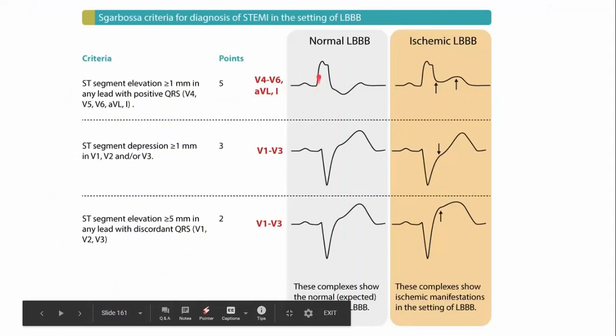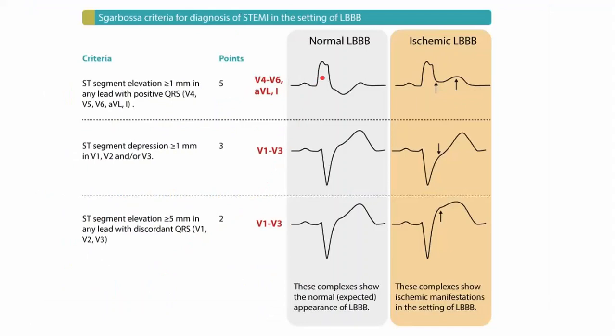This is a bundle branch block pattern in our V4 through 6 leads, but an ischemic bundle branch block, look how subtle it is. It's really hard because the ventricle is slow to depolarize. It's slow to reflect the things that you would normally see without the bundle branch block.